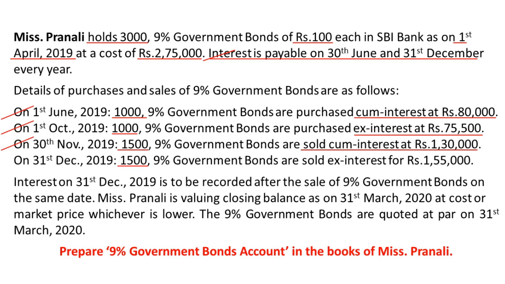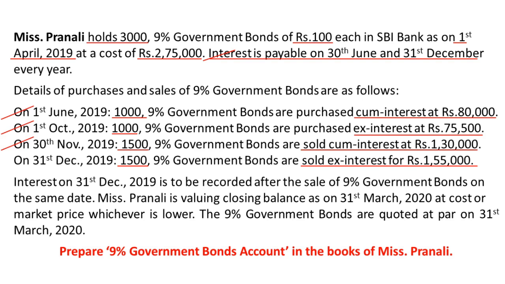1500 9% government bonds are sold at ex interest for rupees 1,55,000. Now this is the sale transaction with ex interest price, and the ex interest price is nothing but the actual selling price. In case of sales it is the actual selling price, in case of purchase it is the actual purchase cost.